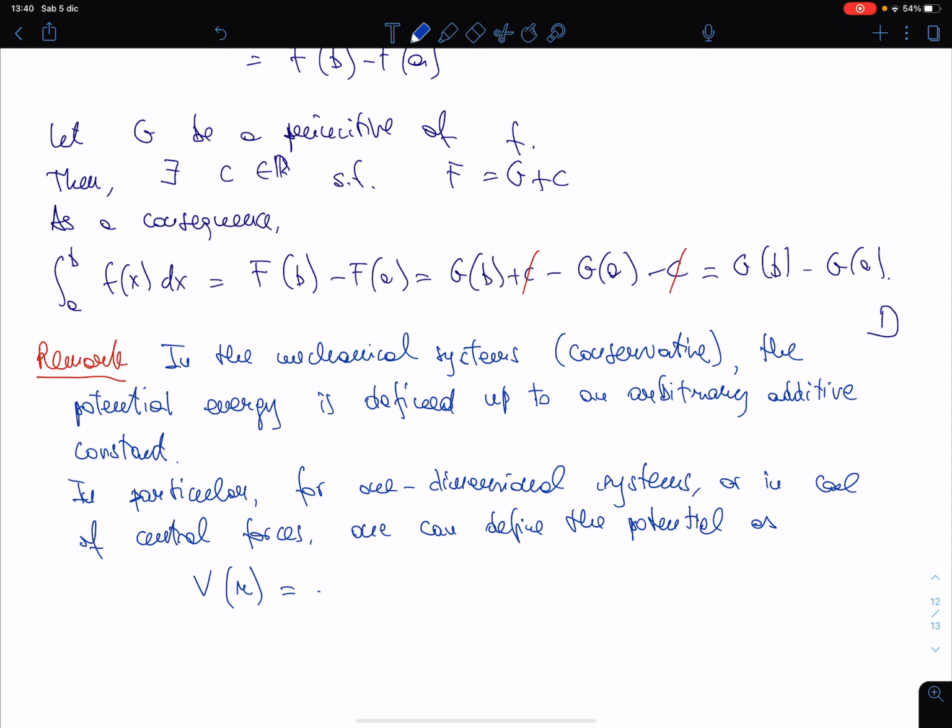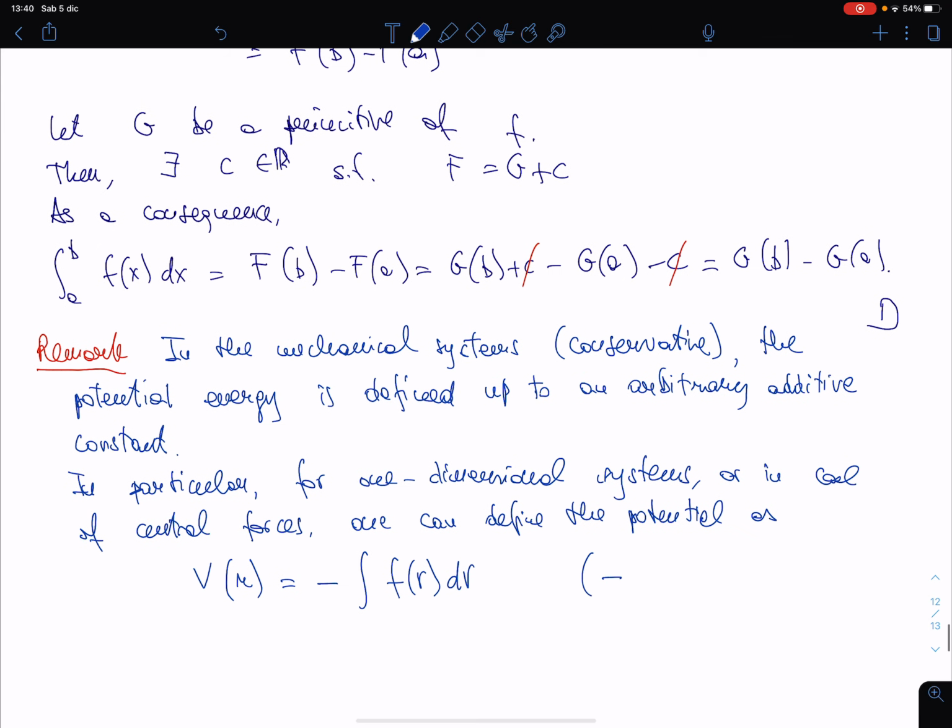This is minus integral of F of R dR. There is a minus here. And so V prime of R is equal to minus F of R.